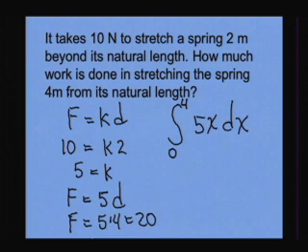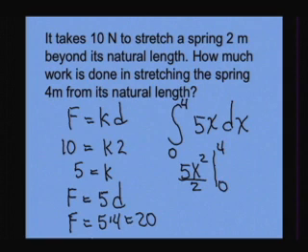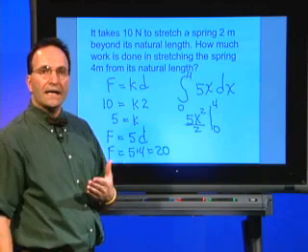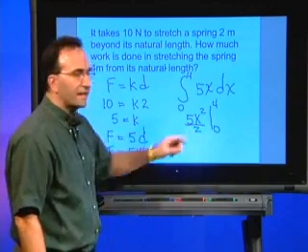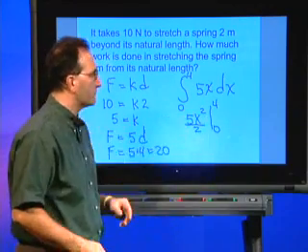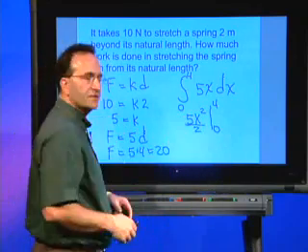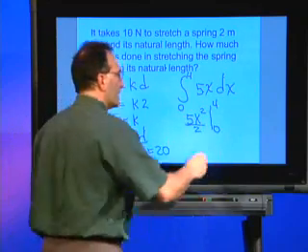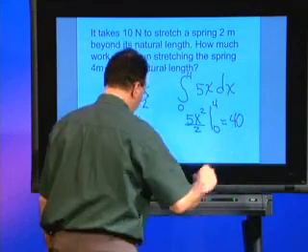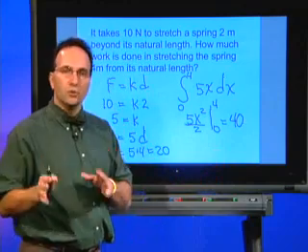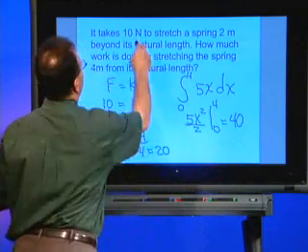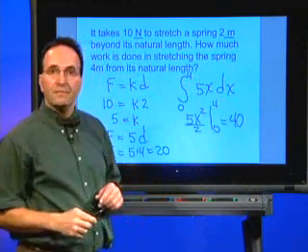So what I'm integrating is 5x dx from 0 all the way up to 4. So what that gives me then is 5x squared over 2 evaluated from 0 to 4. And when I evaluate that integral, remember when I stick in 0, it's going to be 0, so we're only interested in the 4. And 4 squared is 16 times 5 is 80 divided by 2 gives me 40, and it would be 40 newton-meters, because our original problem was in newtons and meters.